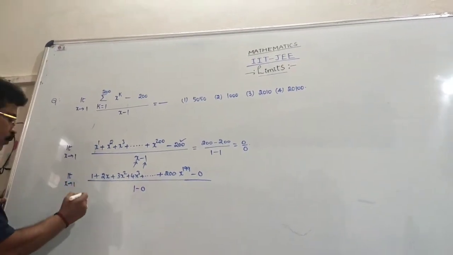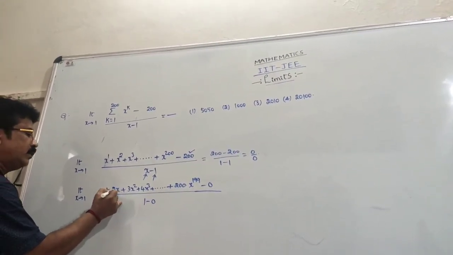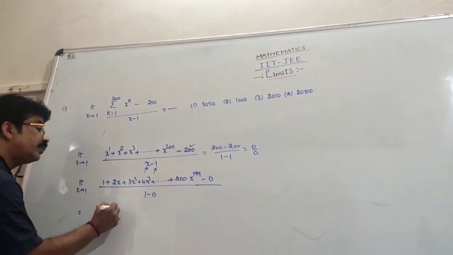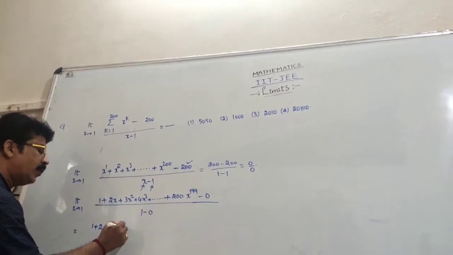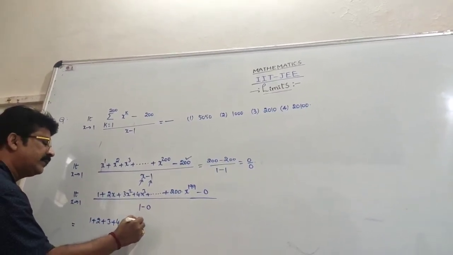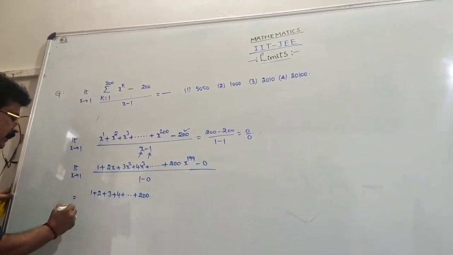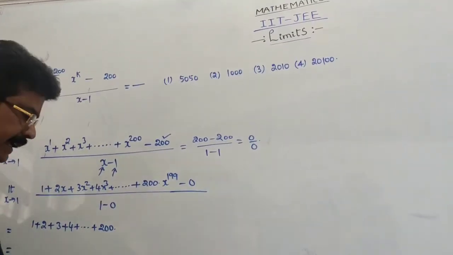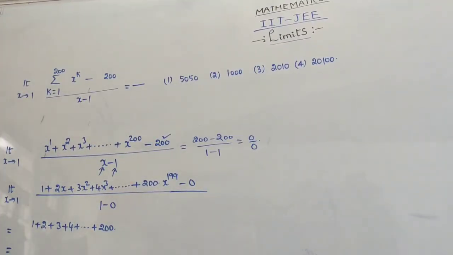x equal to 1, so 1 plus 2 plus 3 plus 4 plus and so on plus 200. That is equal to, actually, sigma n formula: 1 plus 2 plus 3 plus and so on plus n is equal to n into n plus 1 divided by 2.